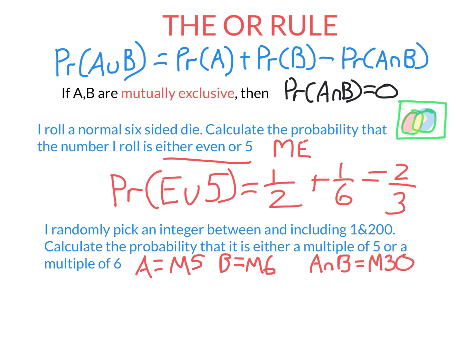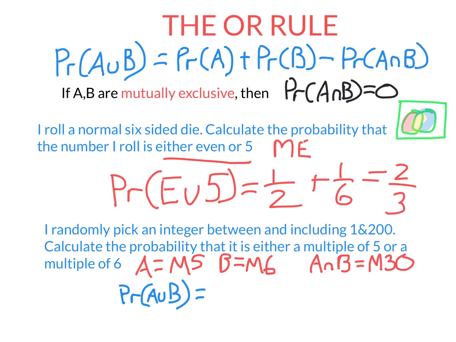So any multiple of 30, 30, 60, 90, 120, etc., is a multiple of both. So the probability here of A or B, multiple of 5 or multiple of 6, is the probability that it's a multiple of 5.